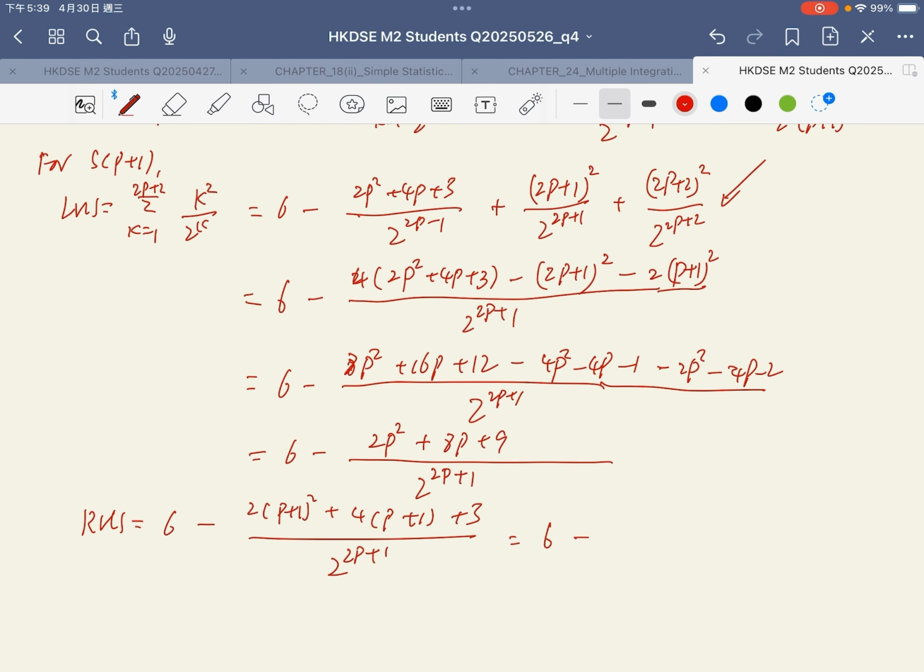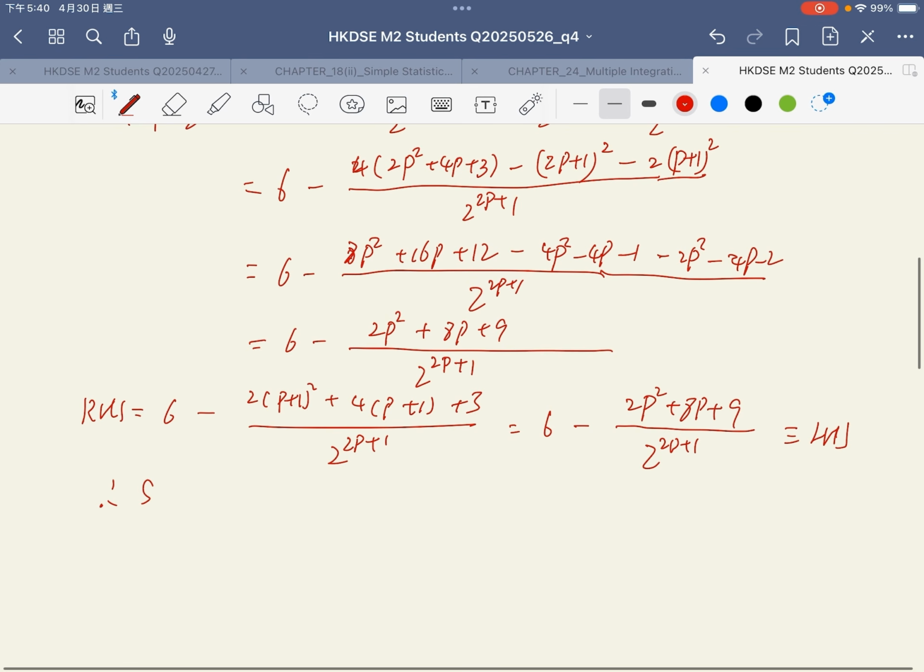I also simplify all the terms, calculating directly. I finally get the answer 2p squared plus 8p plus 9, which is actually equal to the left hand side. Therefore, SP plus 1 is true.